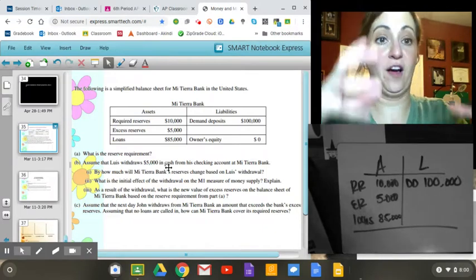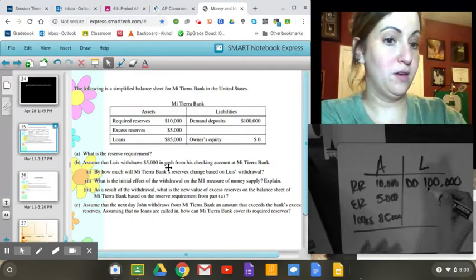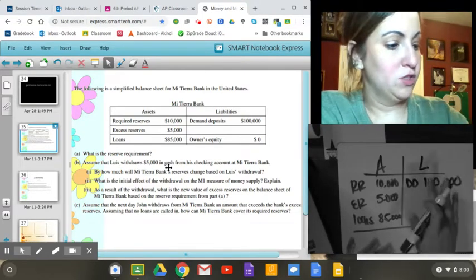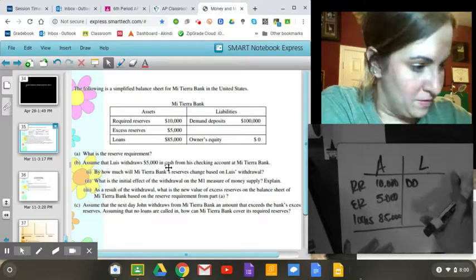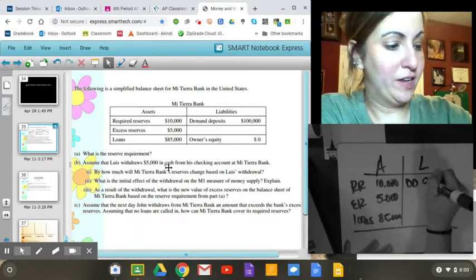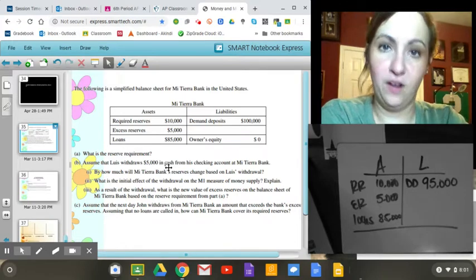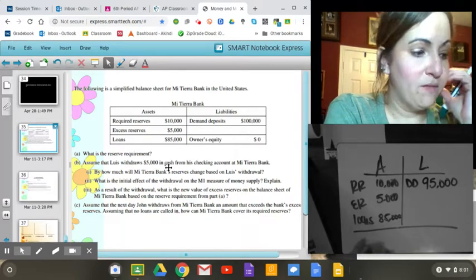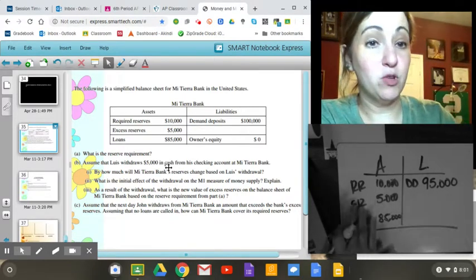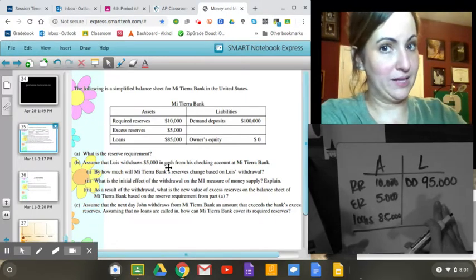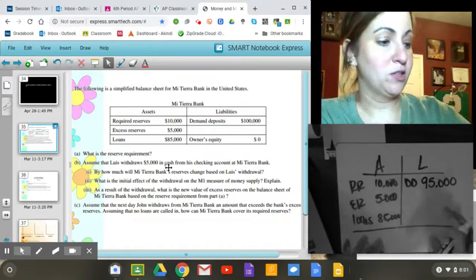They withdraw $5,000 from it. So the amount of demand deposits is going to fall by $5,000. So $100,000 is going to be changed to $95,000. I took out $5,000 of the withdrawal. But where does it come from? It comes from the liability side, but it also comes from this side because now there's less liabilities because there's also less assets.